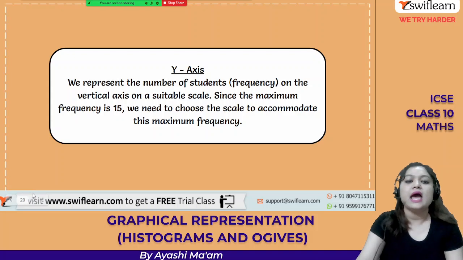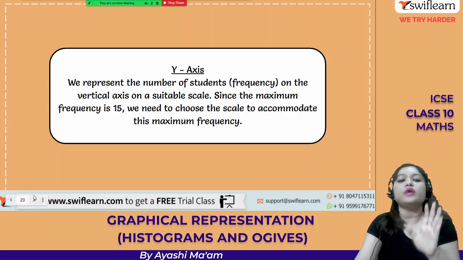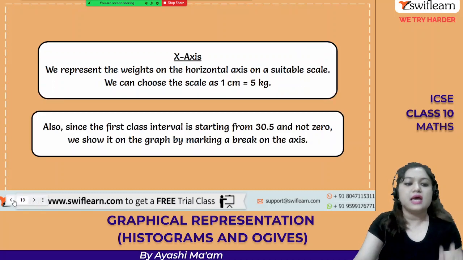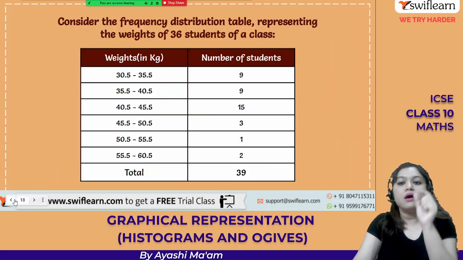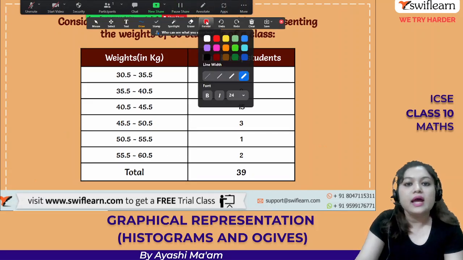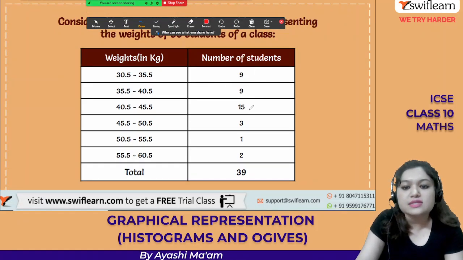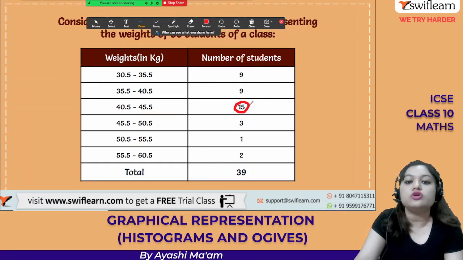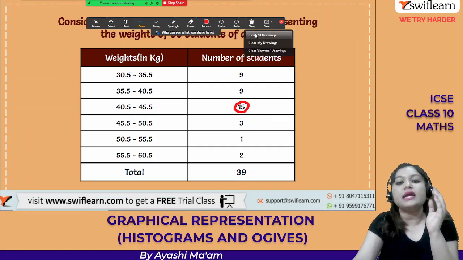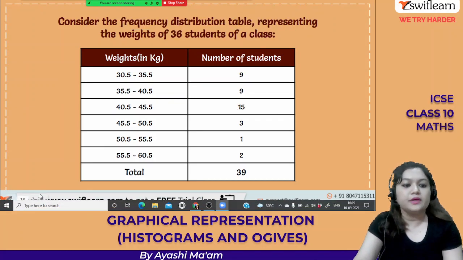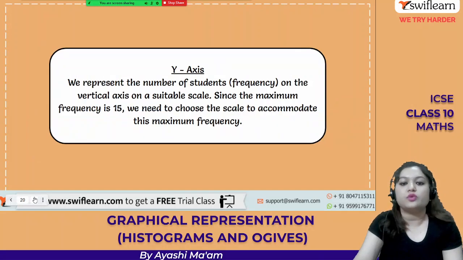And on the y-axis, we are going to take the frequency. Frequency means the number of students. You have to do the plotting in such a way that, since your highest frequency is 15, we can accommodate up to 15, because 15 is your maximum frequency.